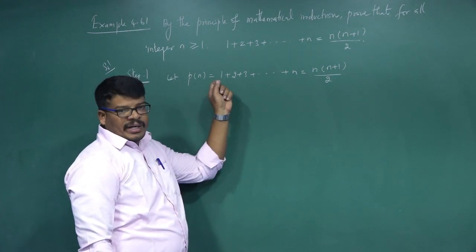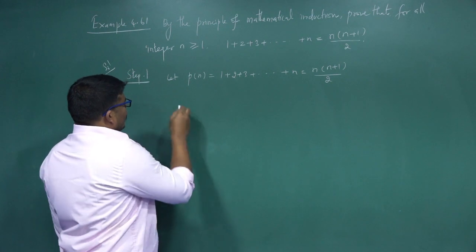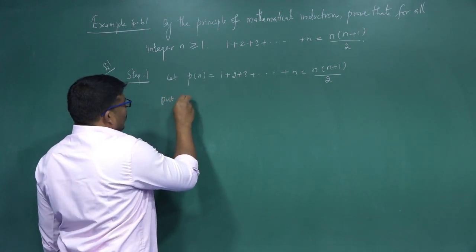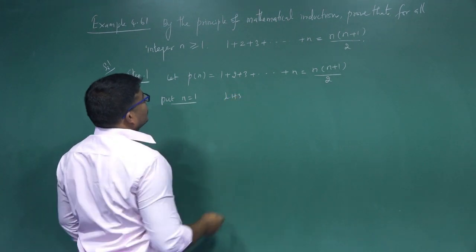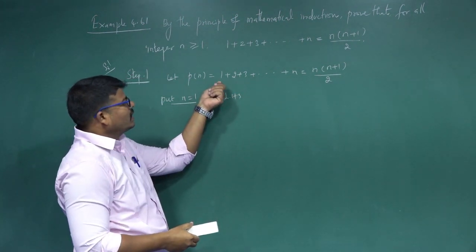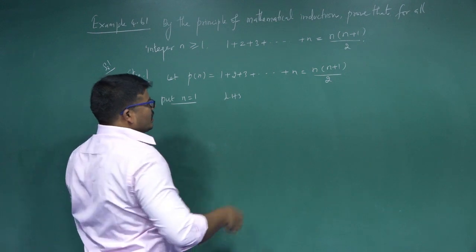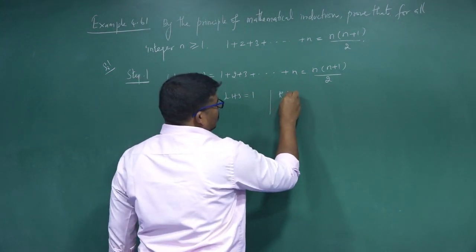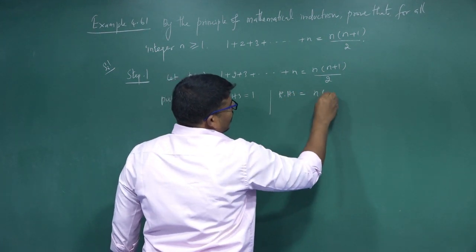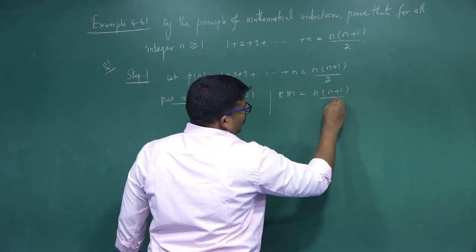First, put the value n equal to 1. Take the left hand side, LHS, which is 1. LHS equal to 1, and the right hand side RHS is equal to n into n plus 1 by 2.